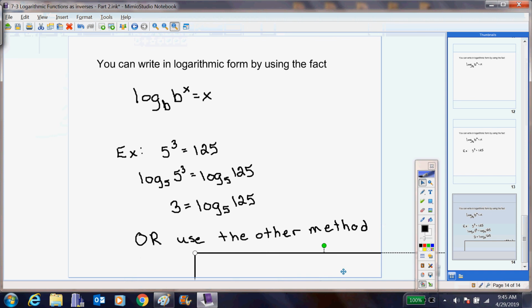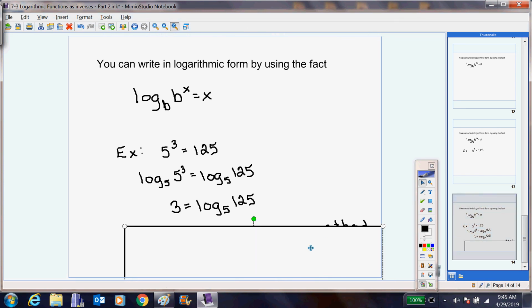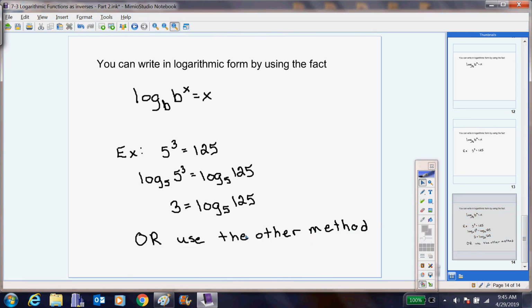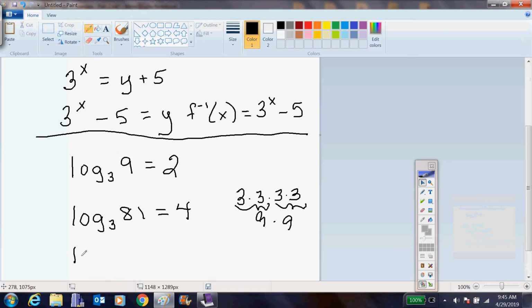Finishing off this lesson, it just says, or use the other method, and the other method is what we were just talking about, where you figure out that base to what power equals the other number. In this particular problem, the log base 5 of 125 equals x means we have 5 to the x power equals 125.